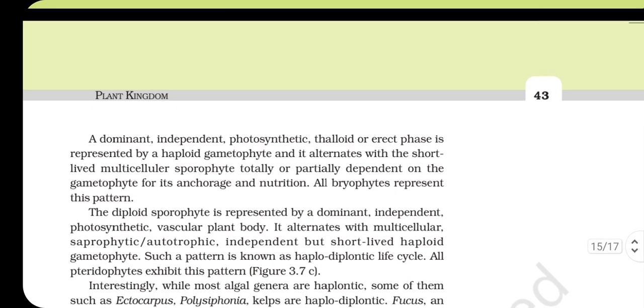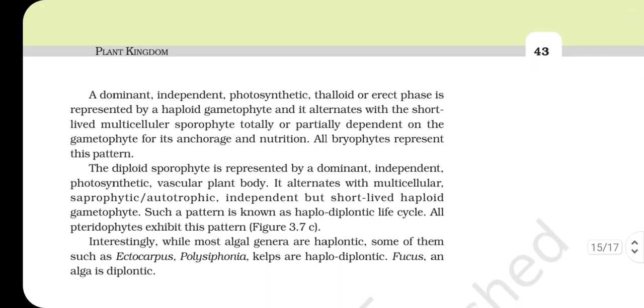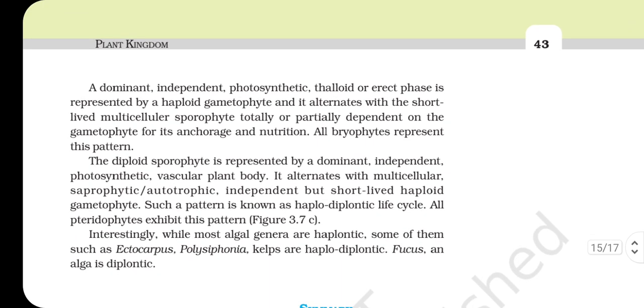All bryophytes represent this pattern. In pteridophytes, the diploid sporophyte is represented by a dominant independent photosynthetic vascular plant body. It alternates with a multicellular saprophytic or autotrophic, independent but short-lived haploid gametophyte. Such a pattern is known as a haplo-diplontic life cycle.